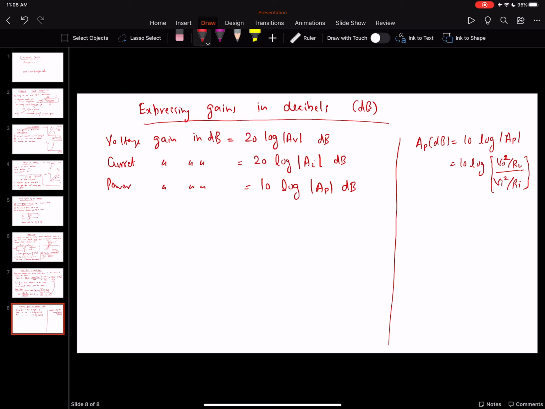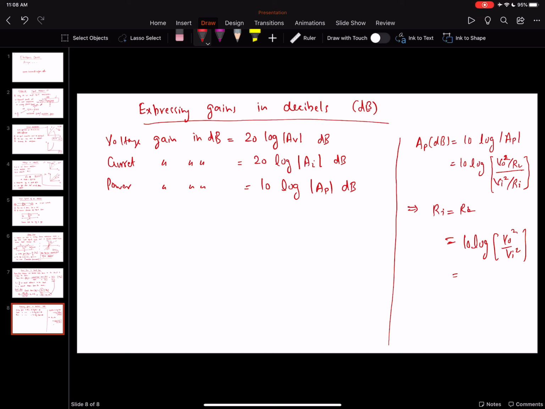So if our input and output impedances match, then we can express this as 10 log of V naught squared over VI squared.